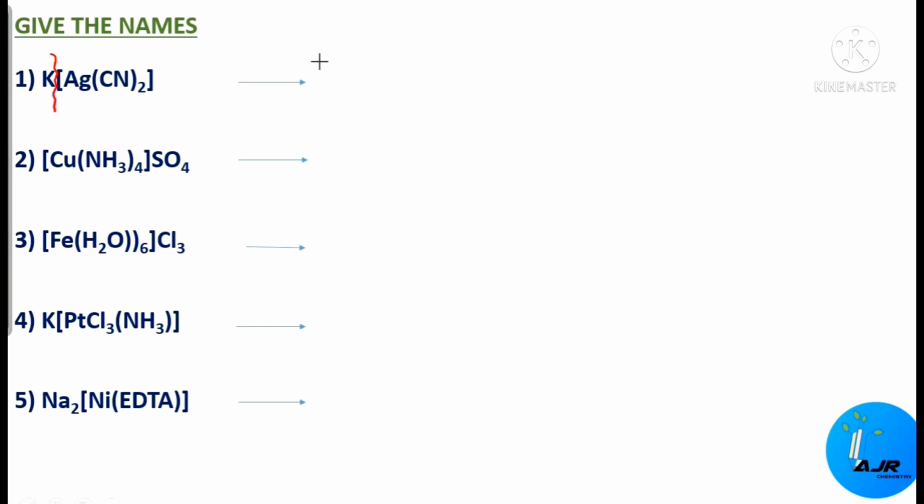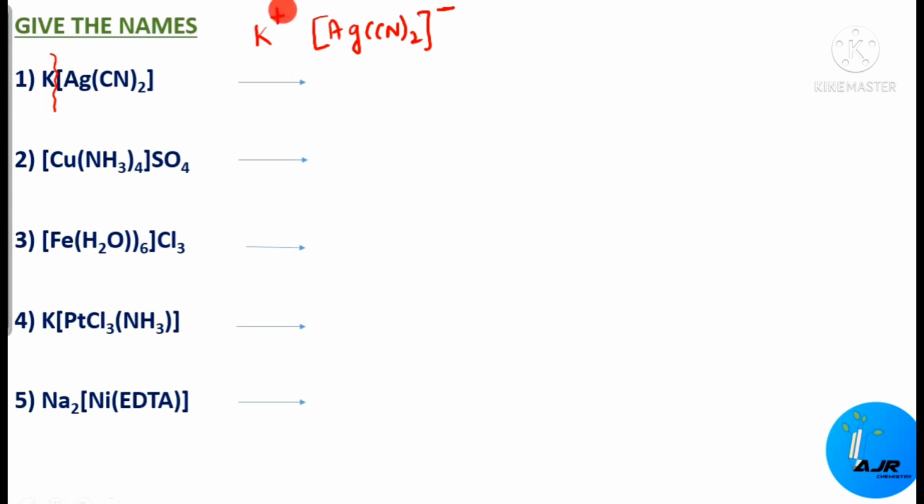So how will you write this? What's the cationic part here? K+, and then the anionic part is [Ag(CN)2]. Since we are having one positive charge outside, you can write the complex charge as minus. Now we can start to write the name of the compound.